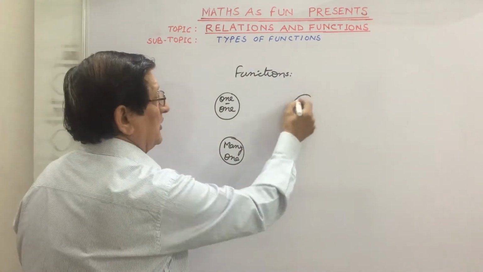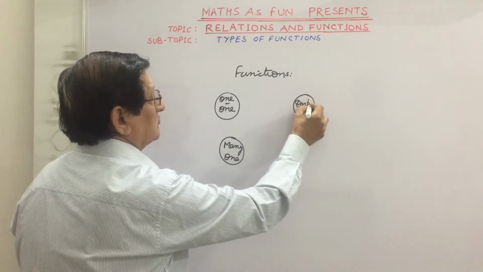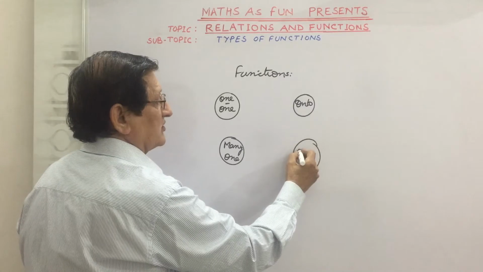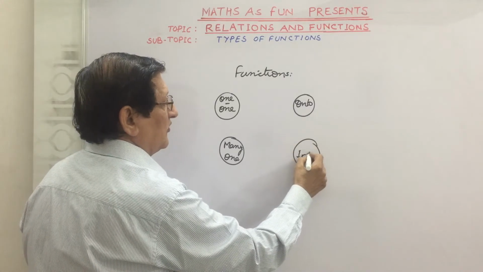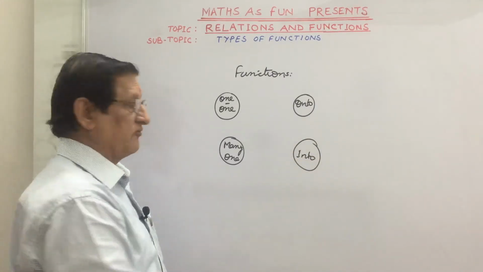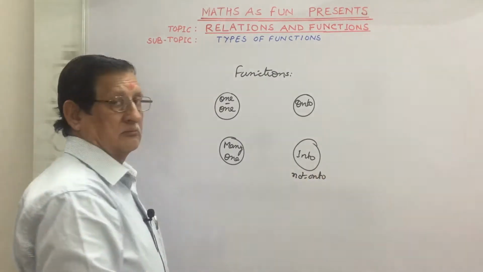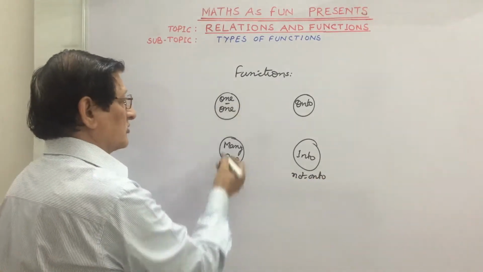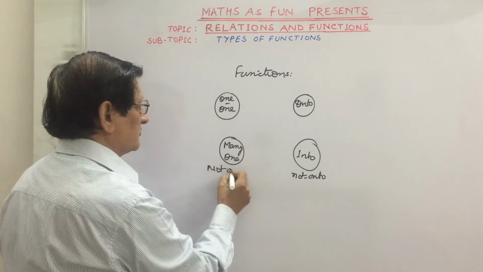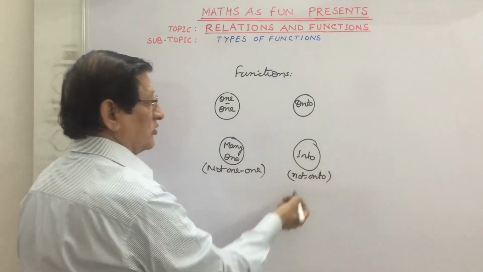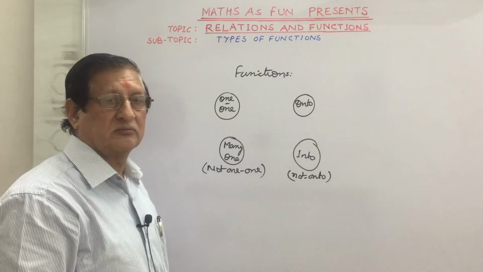It may be onto function, and if it is not onto, we can say it is into function. We also call it not onto function. We also call it not one-one function. If it is not one-one, it is many-one. If it is not onto, it is into function.